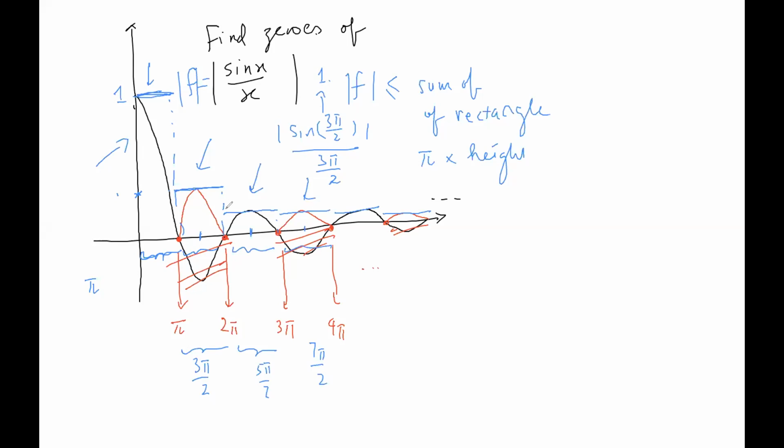So you know that all these values, the general term will be 2k plus 1 over 2 pi. You can actually see this, right? So this is 3, so this is the odd term, 2k plus 1, the 2 is here, okay?